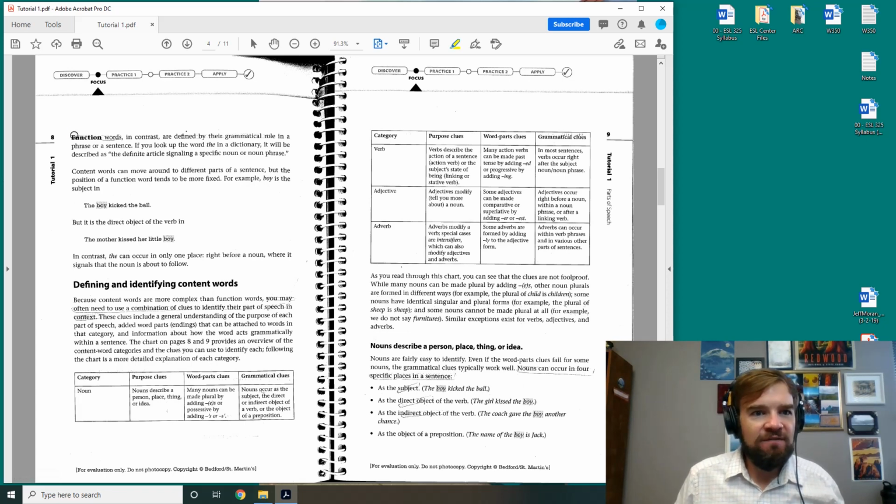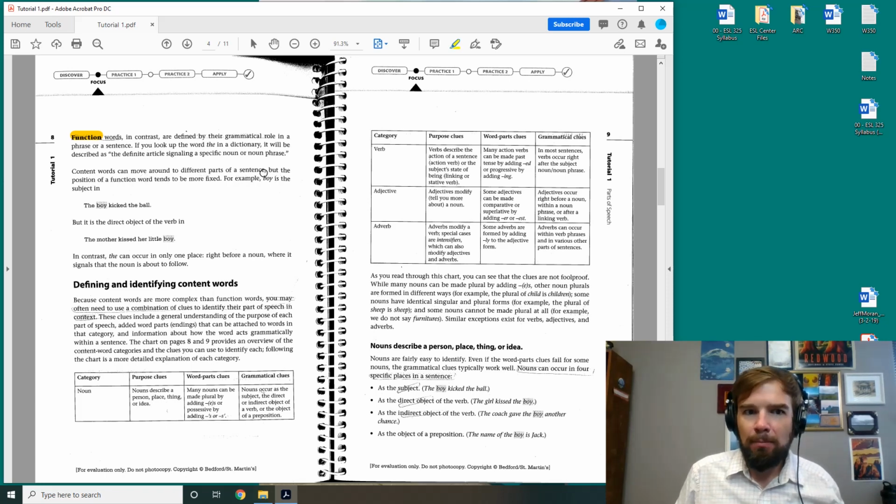That's different than function words, which, in contrast, are defined by their grammatical role in a phrase or a sentence. If you look up the word the in a dictionary, it will be described as the definite article signaling a specific noun or noun phrase, right? So content words can move around to different parts of a sentence, the meaning words, but the position of a function word tends to be more fixed.